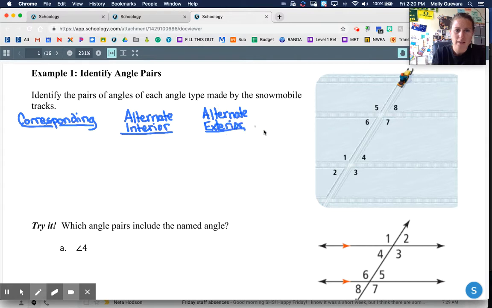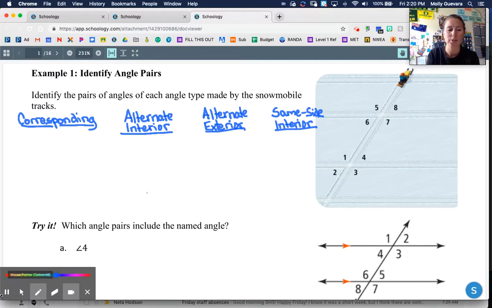Sorry. Then we're going to identify the same side interior. Okay, so I want you to try these, and I just want you to write down which angles are corresponding, which angles are alternate interior, which angles are alternate exterior, and which angles are same side interior. So go ahead and give it a try, and then go ahead and hit play when you're done, and we'll check our work.